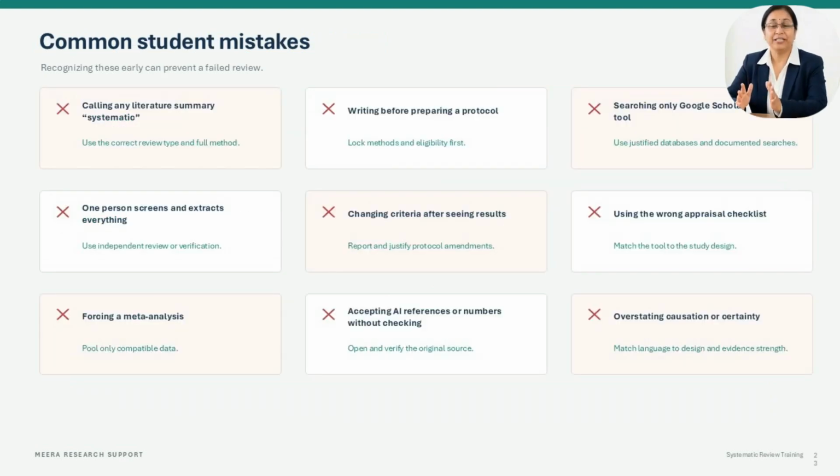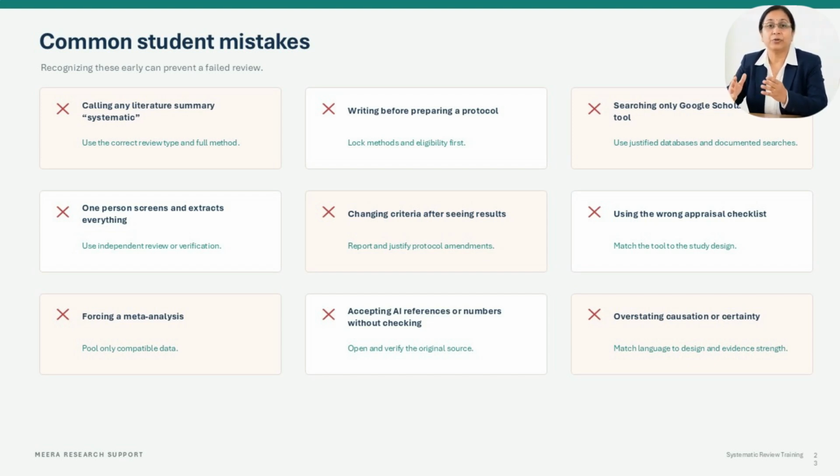These are common reasons why student reviews become unreliable. A review may be incorrectly labeled, started without a protocol, based on a single search source, completed by one person without verification, or altered after the results are seen.